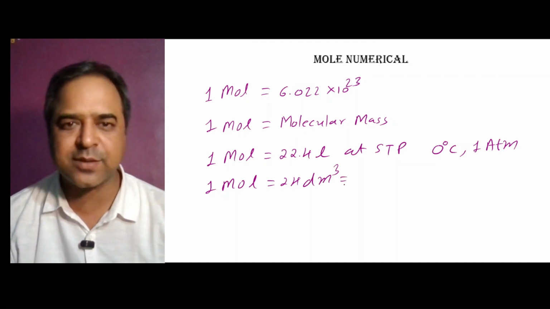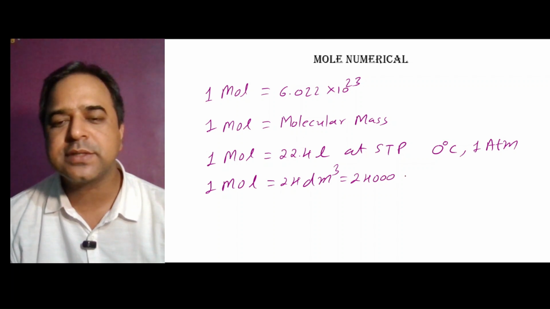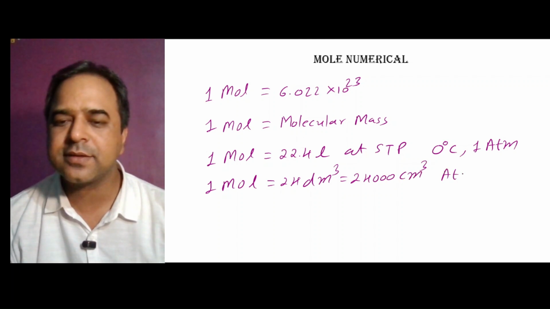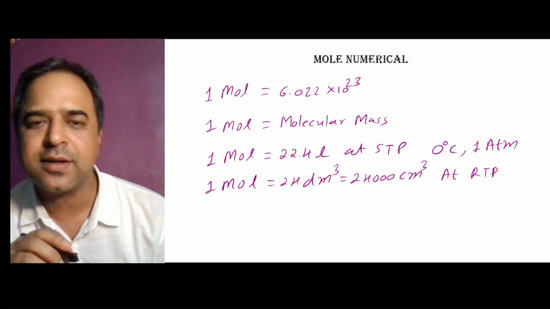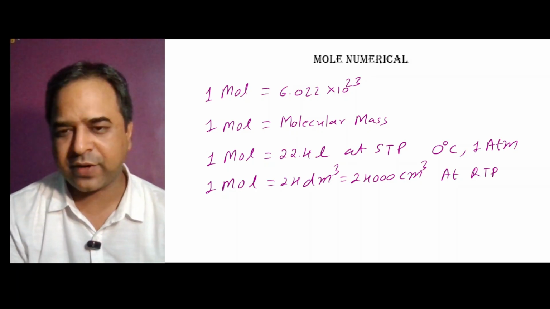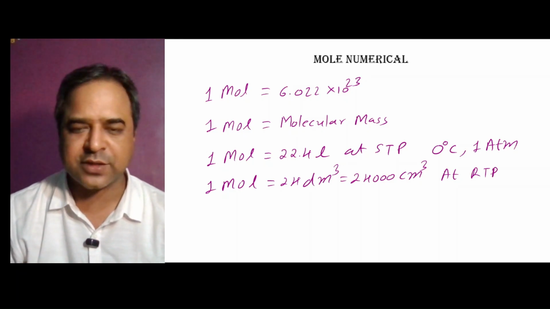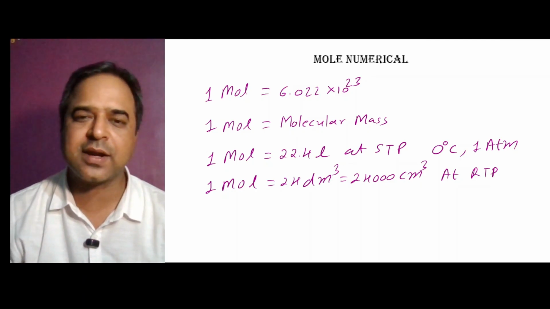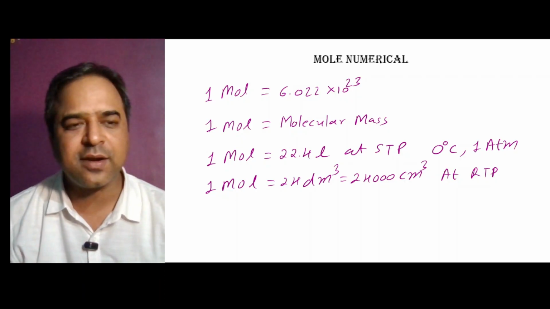If it is in cm³, you will take 24,000 cm³, and this is at RTP. For RTP, we are taking temperature around 25 degrees Celsius. We know that on Earth, temperature generally fluctuates, but pressure at sea level is 1 atmosphere only. So this much we are aware of.